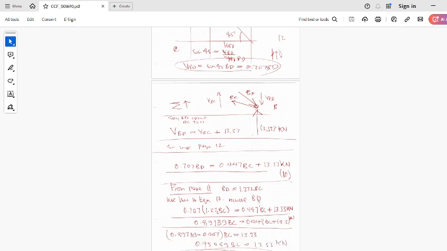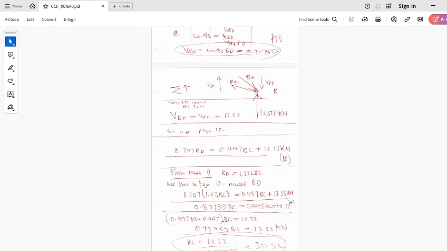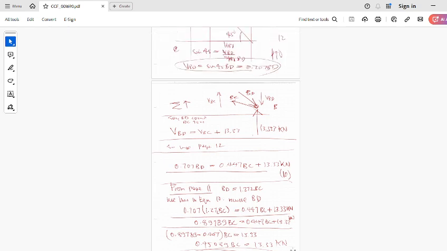Use this in equation 10 to remove BD. 0.707 times 1.272 BC equals 0.447 BC plus 13.33 kilonewtons. 0.8989 BC equals 0.447 BC plus 13.33. So 0.8989 minus 0.447 BC equals 13.33. 0.452 BC is 13.33. BC is 13.33 divided by 0.4362 equals 30.56. Tension.